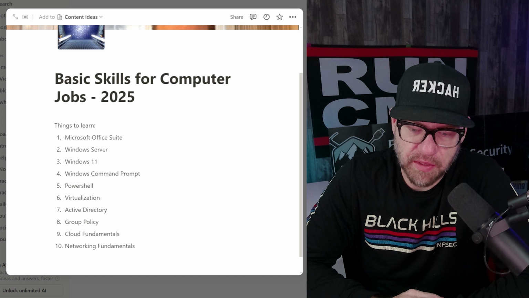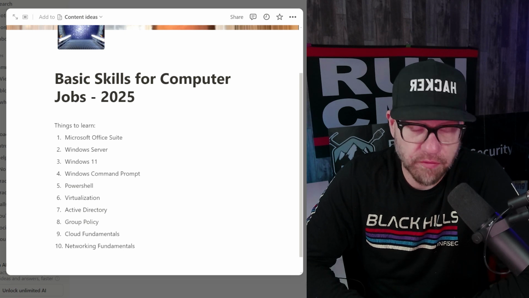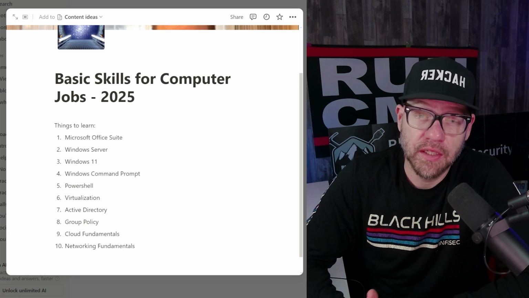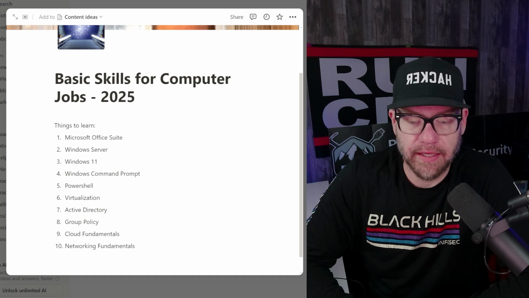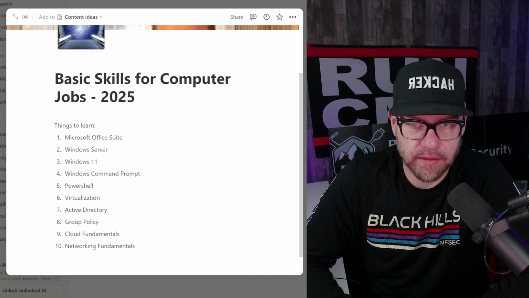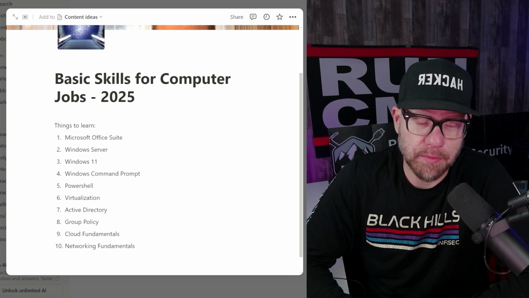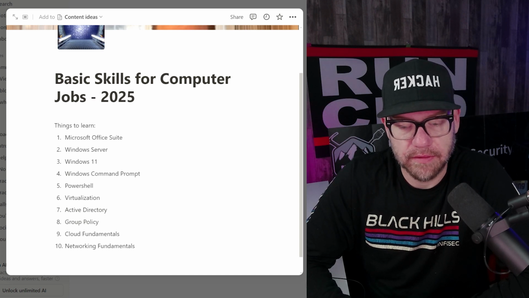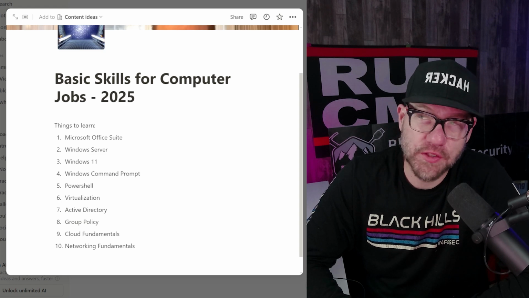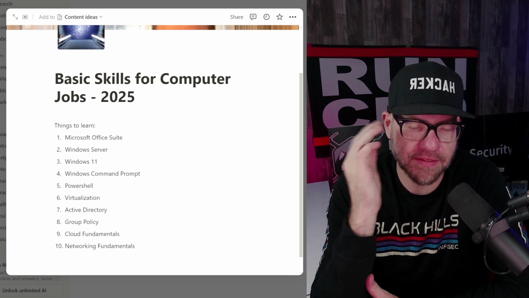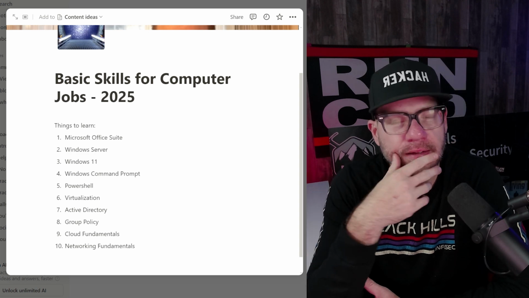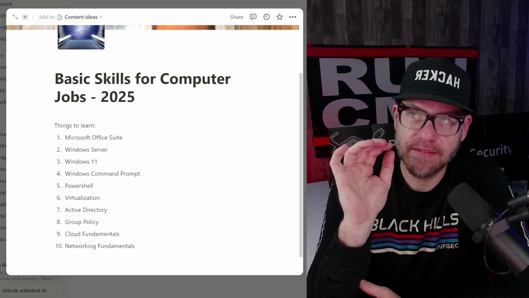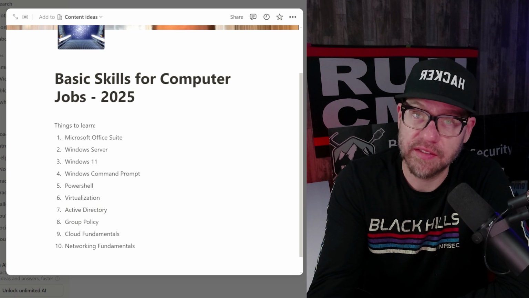DHCP is used very heavily within environments to help manage IP addressing and make sure that all of your devices are able to connect to the internet. That's just a super basic way to put it. It's a little bit more complicated than that, but I wouldn't say that it's too complicated for somebody to learn and understand.